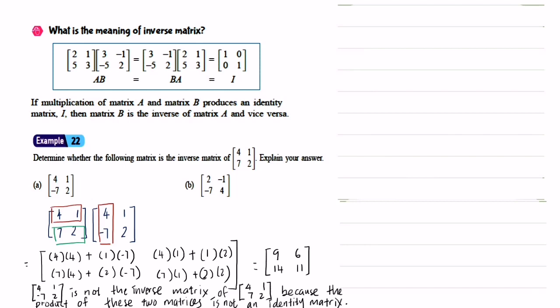Okay, so now we try B. We determine whether the matrix 2, negative 1, negative 7, 4 is inverse matrix of 4, 1, 7, 2. Again, row times column.